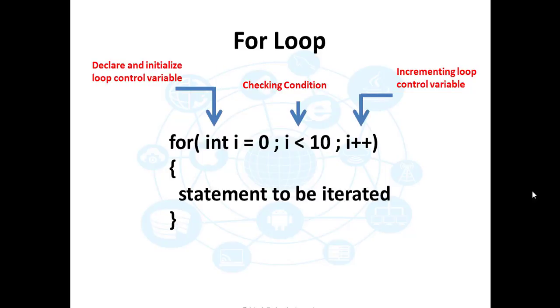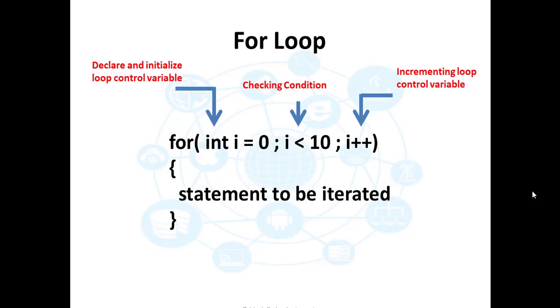After that we have the checking condition, and after that we have the control variable. As you can see, int i is the initialized variable whose value is initially 0. The checking condition is i should be less than 10. That means it will work from 0 to 9, a total of 10 times. And i++ means it will increment by 1 after each loop.